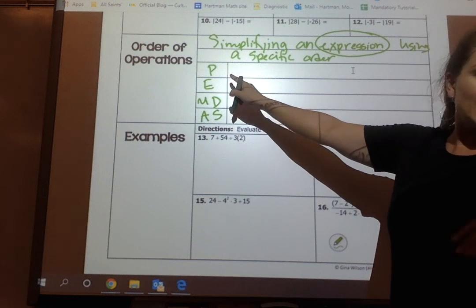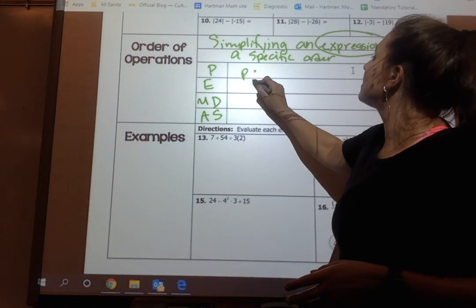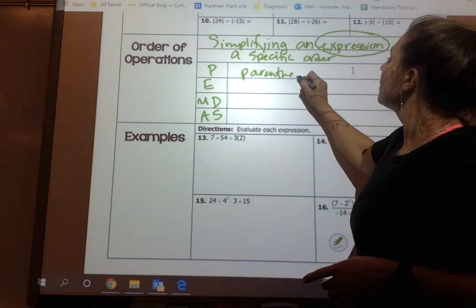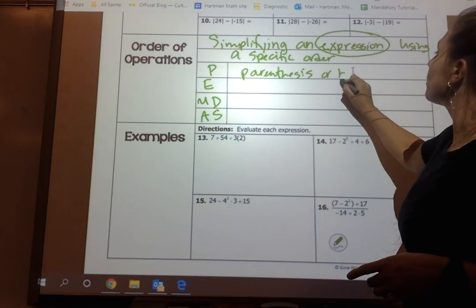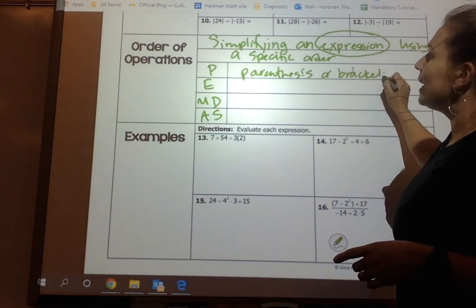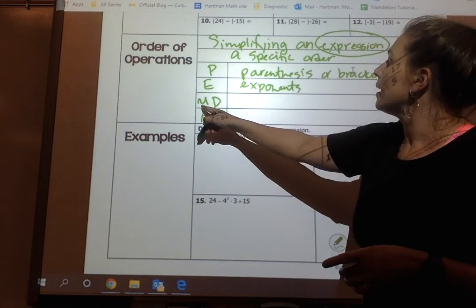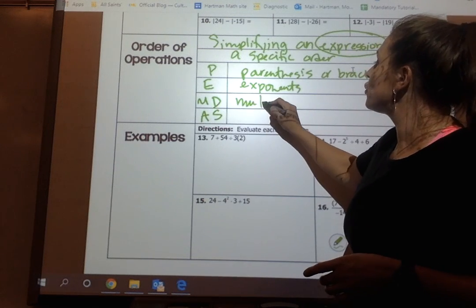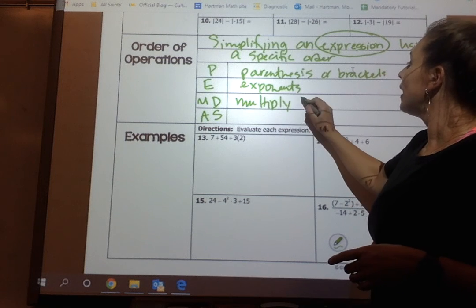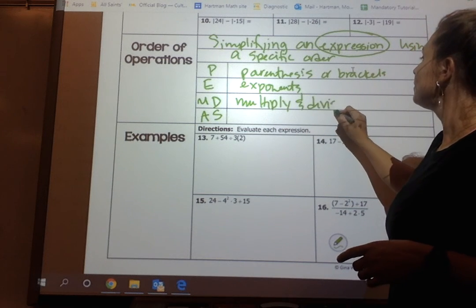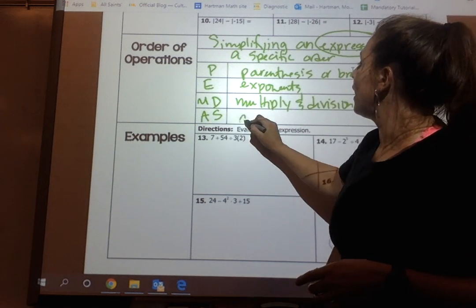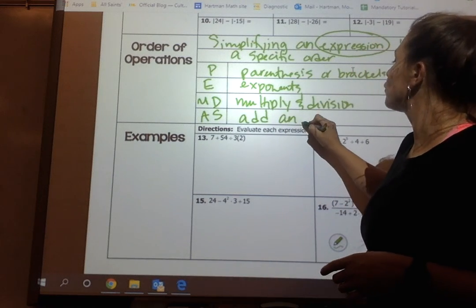P stands for parentheses or brackets. E stands for exponents. M and D stand for multiplication and division. And then we have add and subtract.